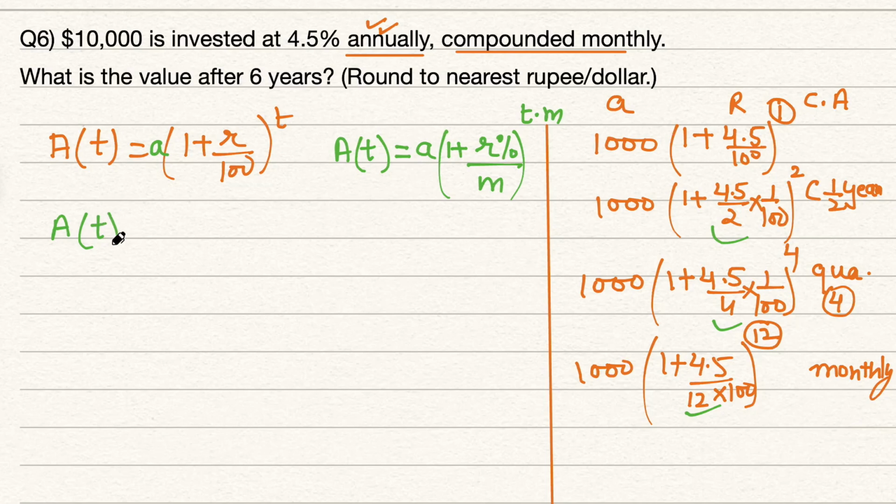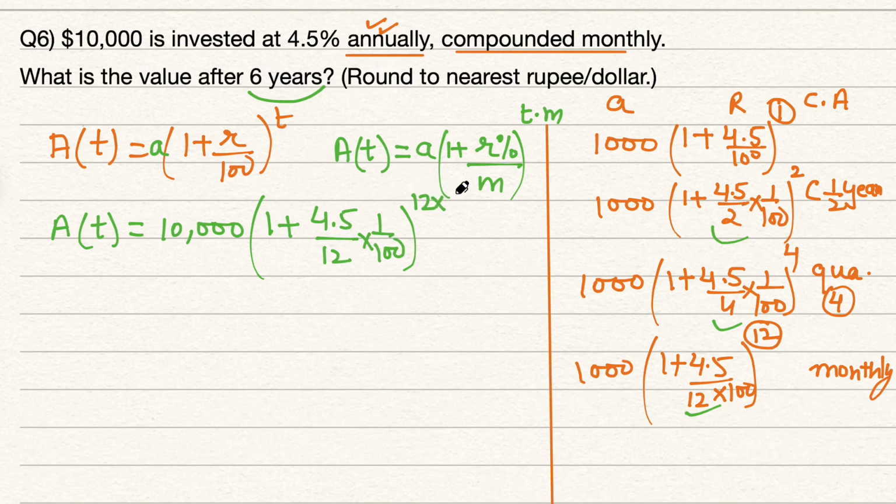Okay, so A of t is equal to $10,000 times 1 plus rate of interest 4.5, because it is compounded monthly, into 1 upon 100. And if I do 12, that will be for 1 year, but I have to calculate it for 6 years, so that will be multiplied by 6.